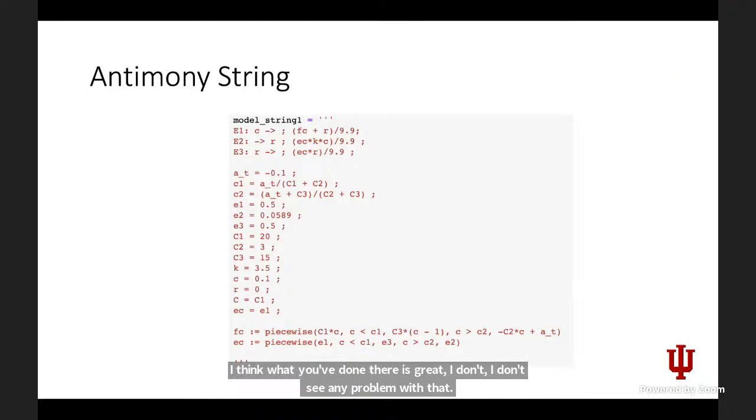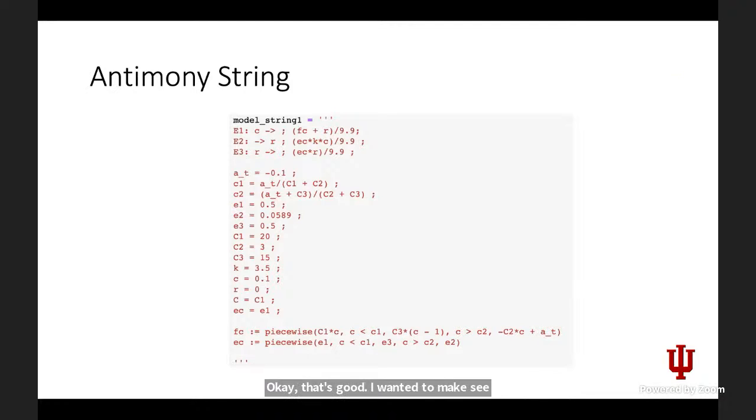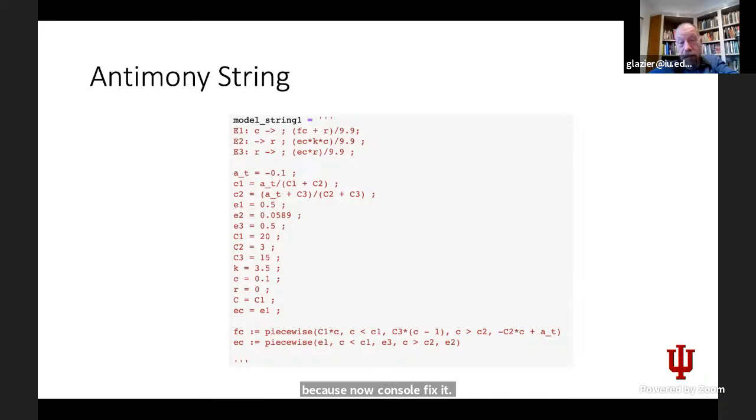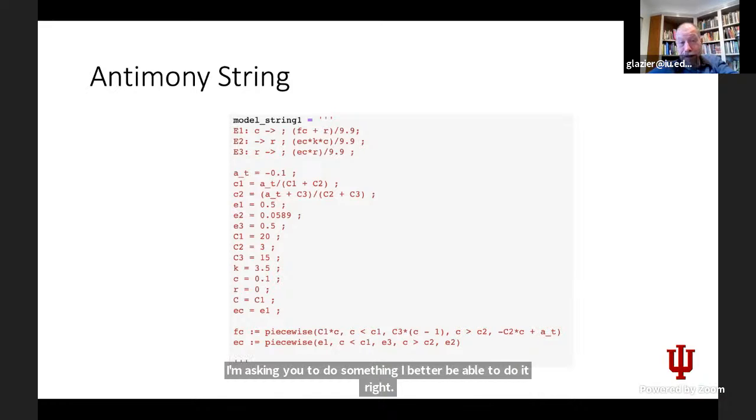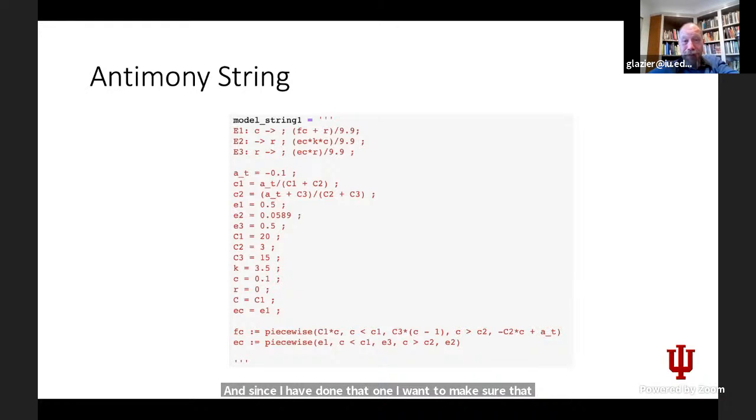I felt a little more comfortable using the antimony method just because CompuCell makes it easy to do. But I have looked at the code that you sent. I'm not saying you should use it. I just wanted to make sure for my own due diligence that if I'm asking a student to do something, I better be able to do it. Right. And since I hadn't done that one, I wanted to make sure that I had done it. So. All right, thank you.